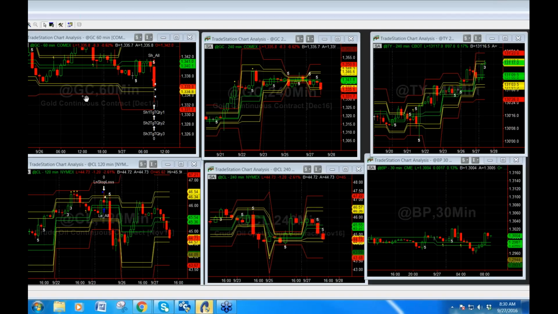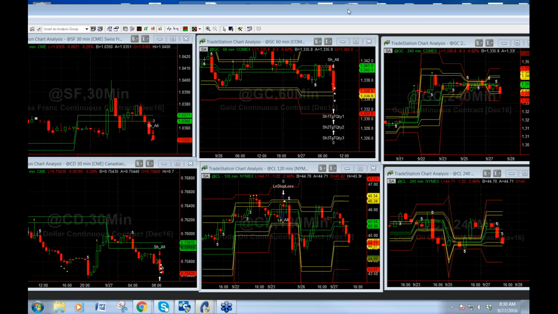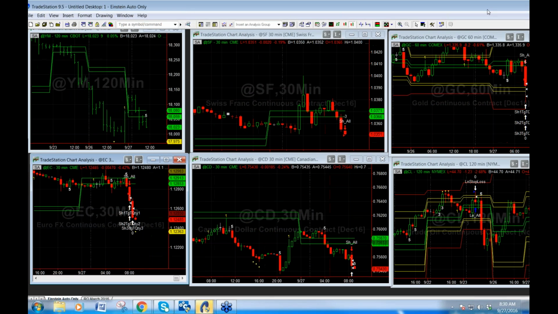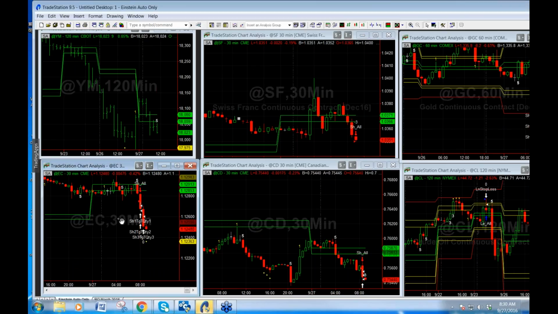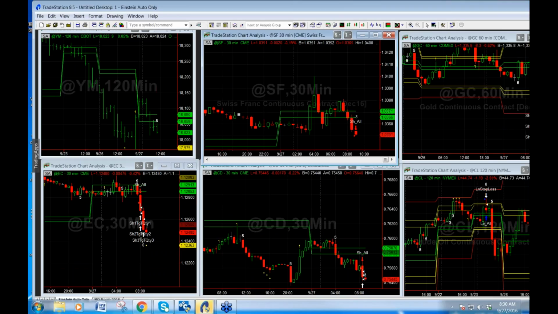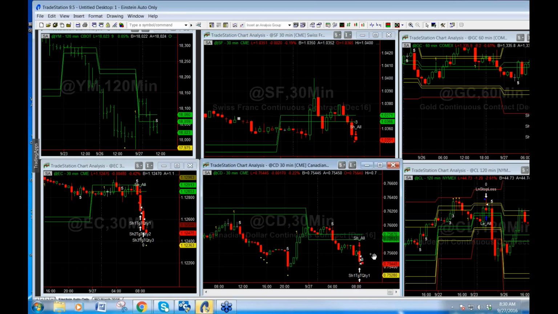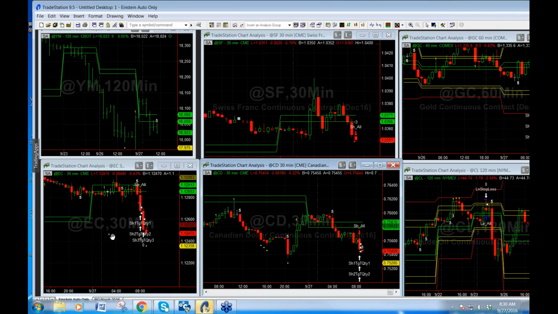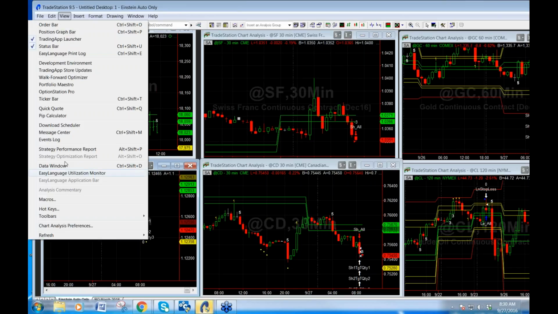So here on the upper left chart is the gold, the exact same one on Ninja. Let me move the charts over to the screen. This was the euro, same trade I was in, except this was 3 contracts. And it just went short the Swiss franc, and it went short and took profit on the Canadian. So let's see what these guys did this morning.